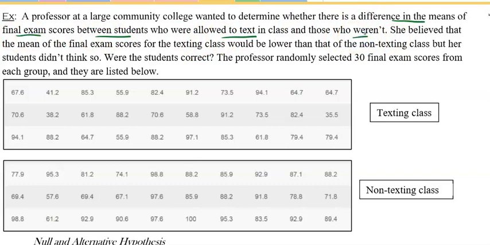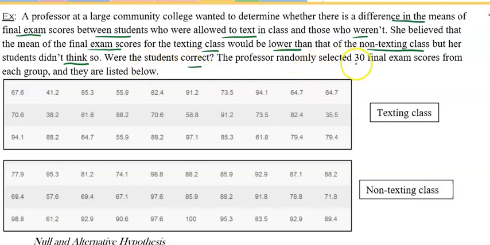She believed that the mean of the final exam scores for the texting class would be lower than those of the non-texting class. So this is a teacher that allows you to text in class and a teacher that doesn't allow you. And they're looking at final exam scores to see how that works. But her students didn't think so. So of course students are going to say, no, it's the same, it doesn't matter. But the professor wants to know, were the students correct?